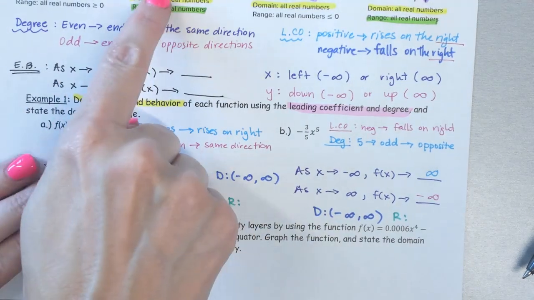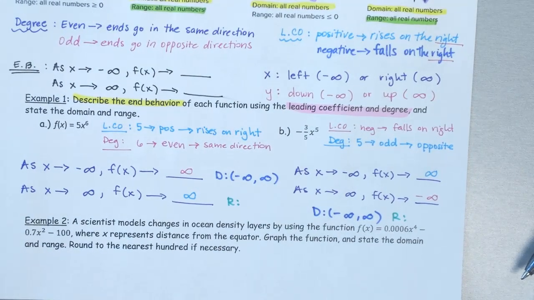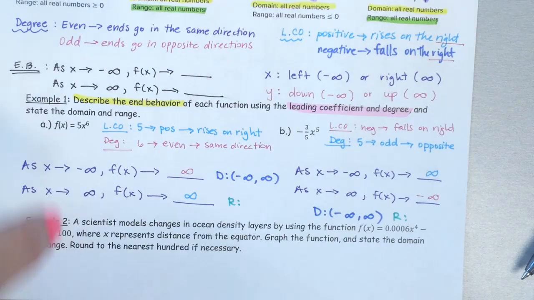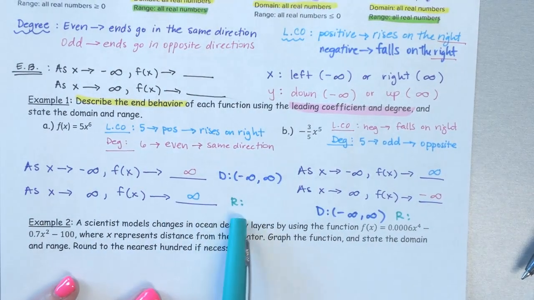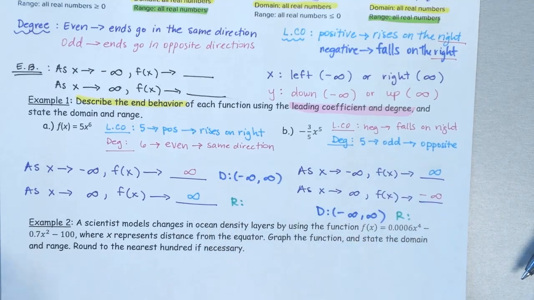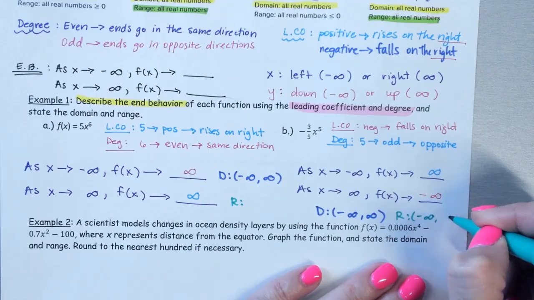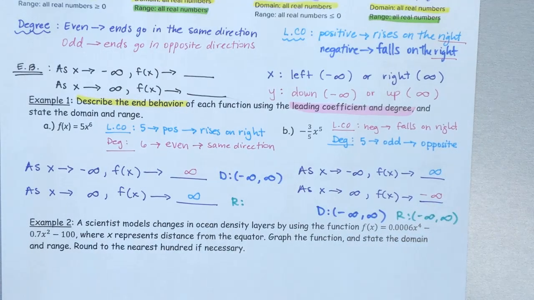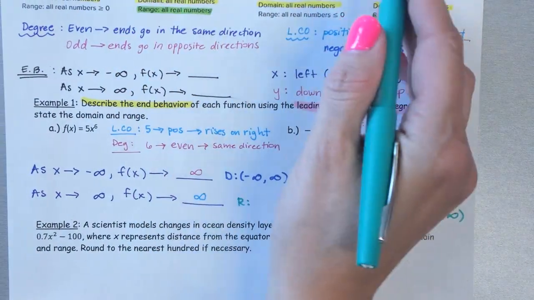And that's because it goes from negative infinity to positive infinity. So anytime you have an odd degree, the range is all real numbers. So for this, the degree is even. It's not going to be all real numbers. This one, the degree is odd. It is going to be all real numbers. Okay, so all real numbers, odd degree.